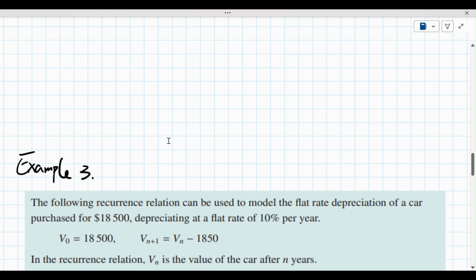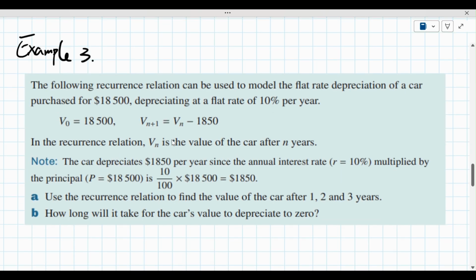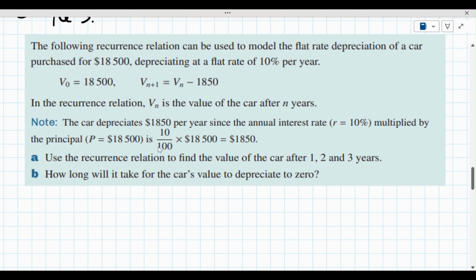Hopefully that makes sense. For this question, I want you to pause the video and try it with your CAS calculator, and then we can talk about it in class. That will help you understand a little bit more.